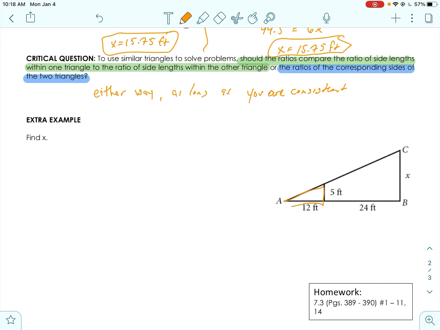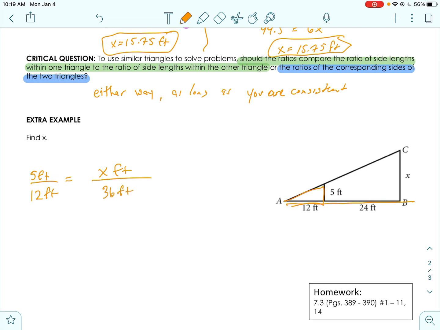So if we compare the little triangle to the big triangle, the small triangle has a side ratio of 5 to 12. And then for the big triangle, we have x feet. And then the length of this side would be 12 plus 24, which would be 36.